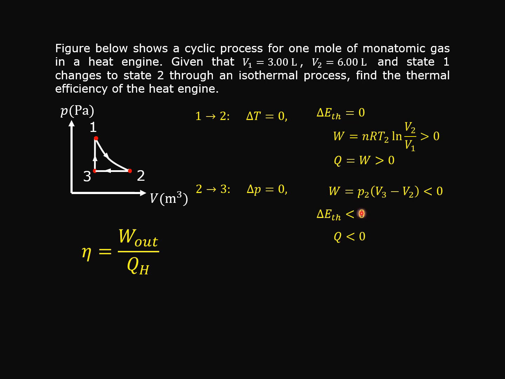So based on the first law of thermodynamics, where Q is equal to internal energy change plus the work done, and because these two terms both give us a negative value, therefore the Q in this process must also take a negative value. It means that in this process the heat will flow from the gas.